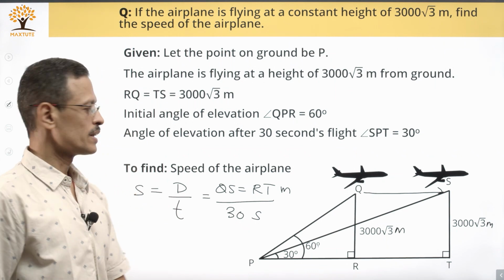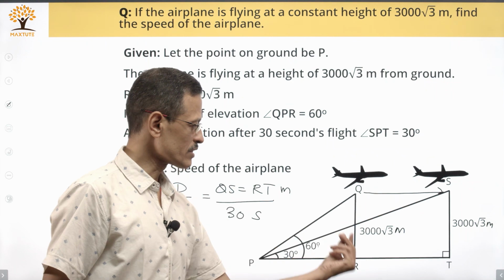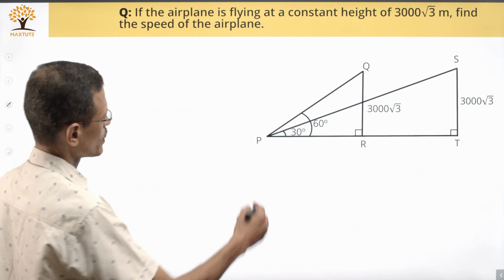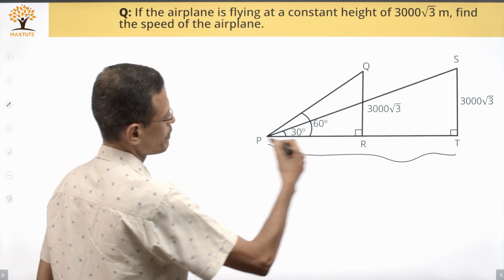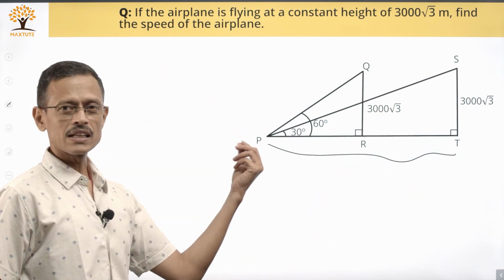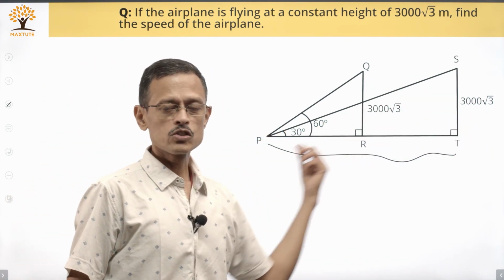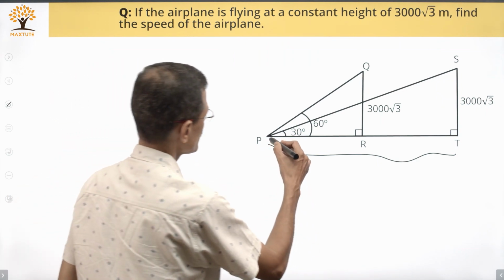So our objective right now is computing the distance traveled by the aircraft, which is QS, the same as RT. How are we going to do that? We'll start by finding out the length of PT. Look at right triangle PTS. We'll be able to find the length of PT because we have the angle of elevation and one of the sides. And then let's compute the length of PR.